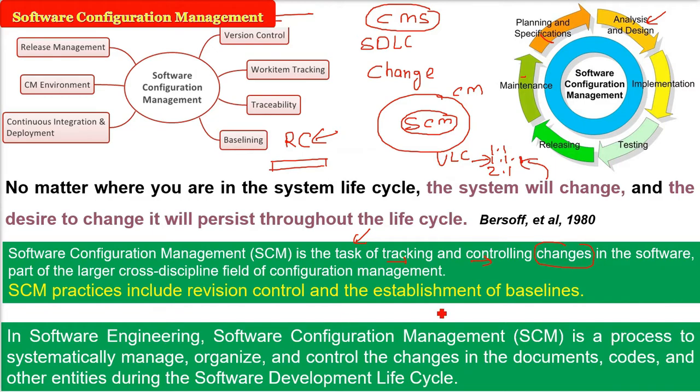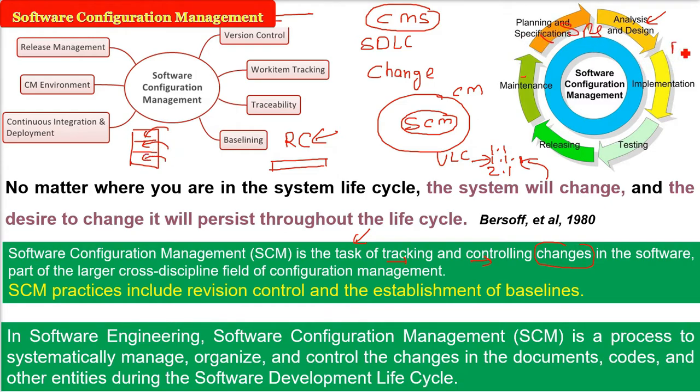So in software engineering, this SCM, software configuration management, is a process to systematically manage, organize and control the changes in the documents, codes, and other entities during the SDLC. So I'm showing you, say, your cabinet. You have placed your shirt, your pants, trousers, your shoes properly.